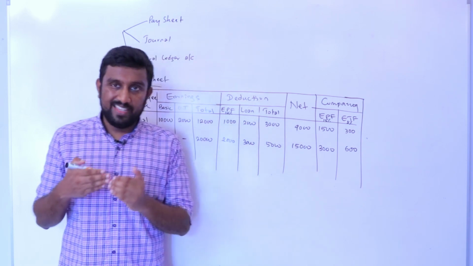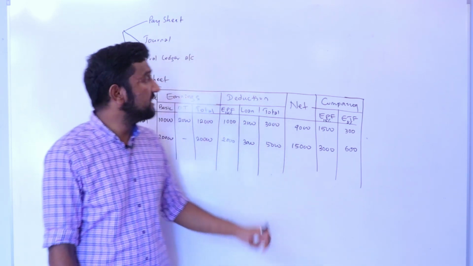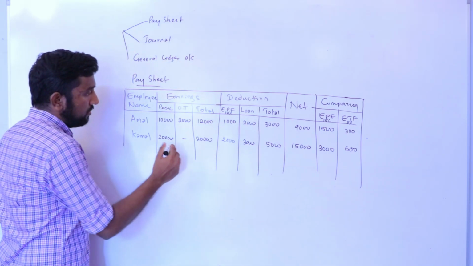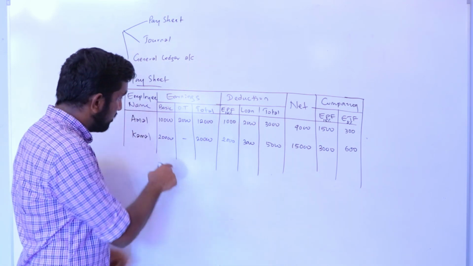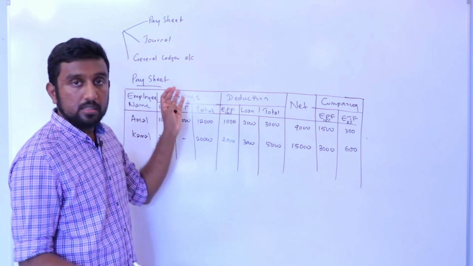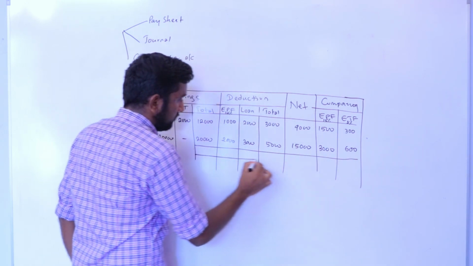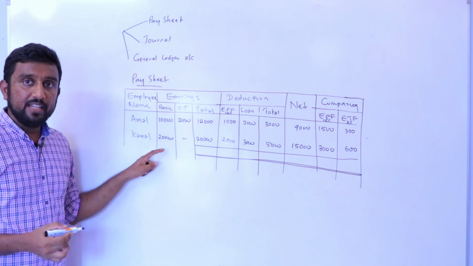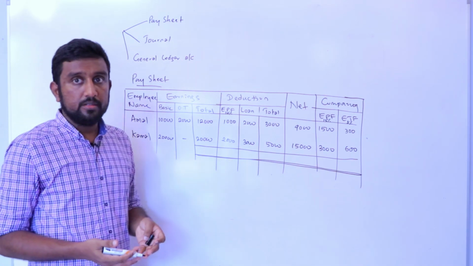Fine. From this, you should know how to record the transaction, which is the second part, right? For that, you have to get the total. When you're trying to get the total, you don't need the total of these two columns because that is not needed to prepare the journals. So I just start from here. No point in getting the total of basic salary because you are not going to use it, right?